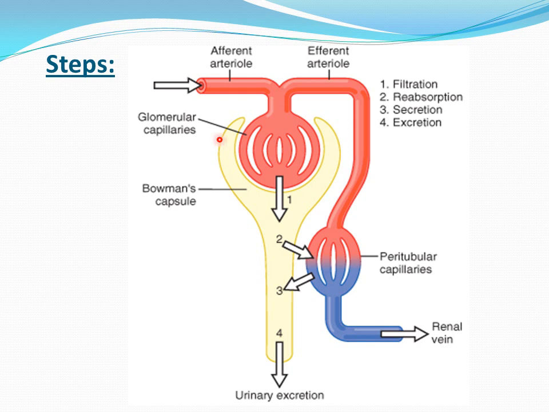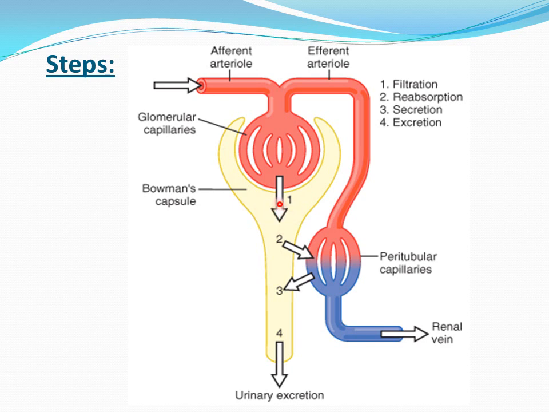So this figure shows these three basic steps. This is the afferent arteriole that is making the glomerulus here. This is the efferent arteriole that is leaving the glomerulus. And here are the renal tubules, including the initial portion, the Bowman's capsule. Initially the plasma flowing through here will be filtered through this glomerular membrane into the renal tubular lumen.